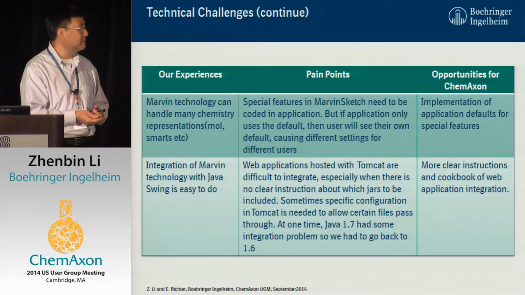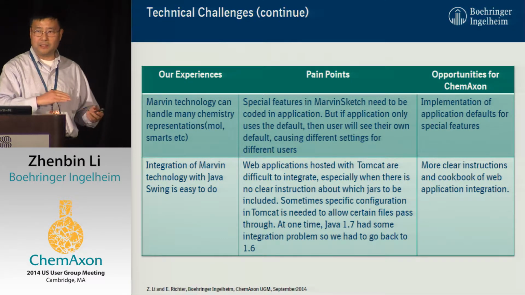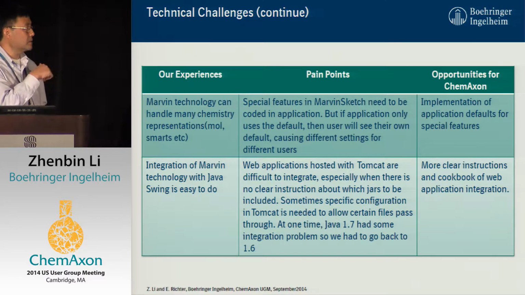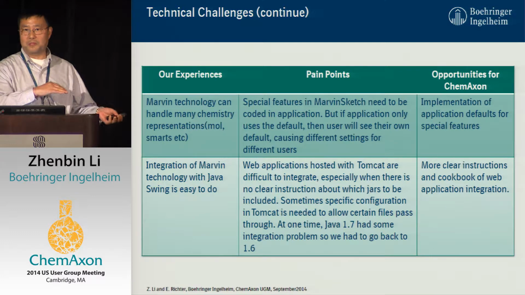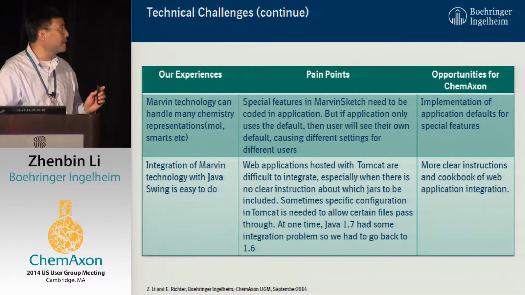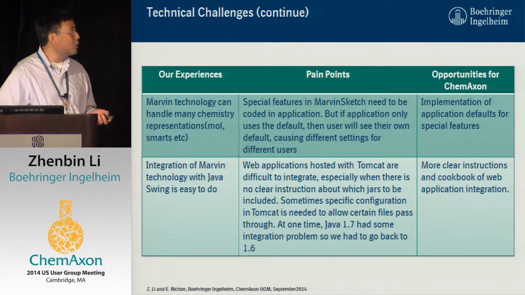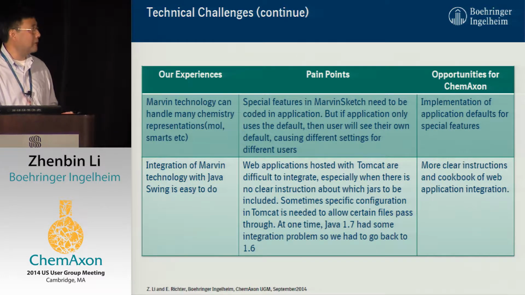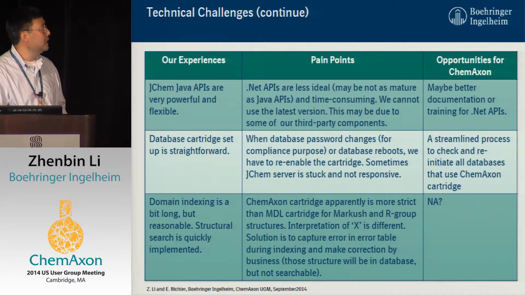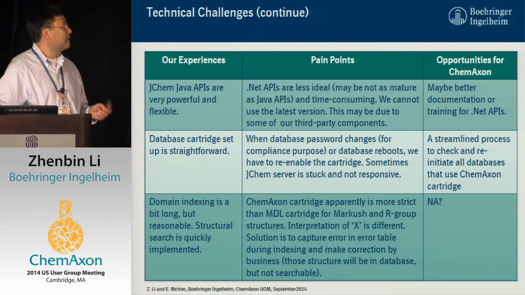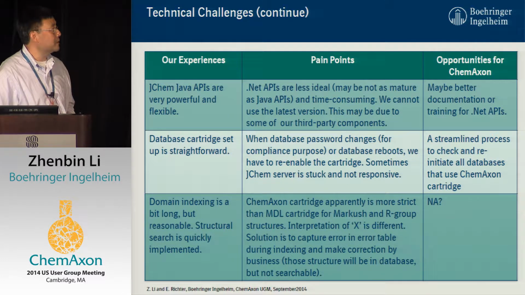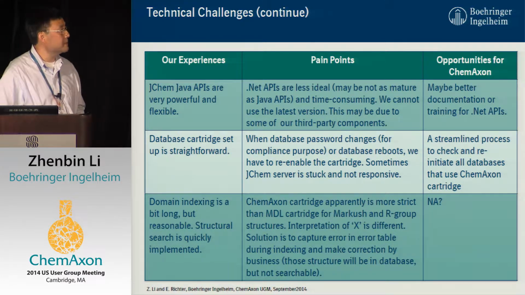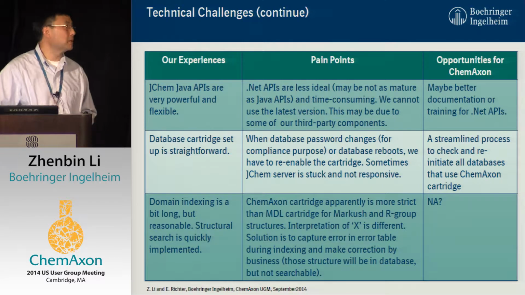We have certain files that have to go through the web.xml, which was a little bit difficult at that time. We wish to have some kind of cookbook or detailed instructions. Quickly, the Java API is very good. For the .NET API, we encountered some issues, but I think we discussed that yesterday. There was possibly a skill or knowledge issue on our side.